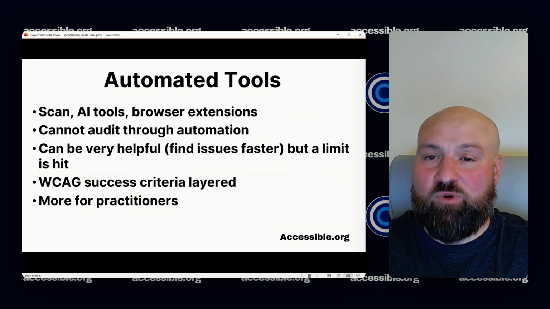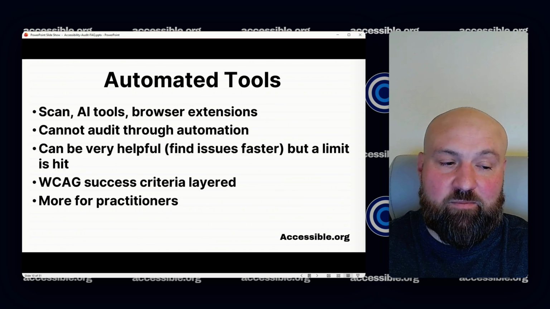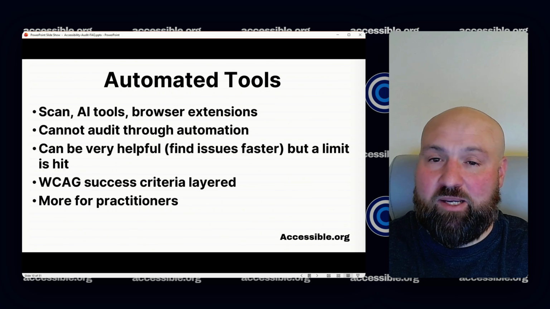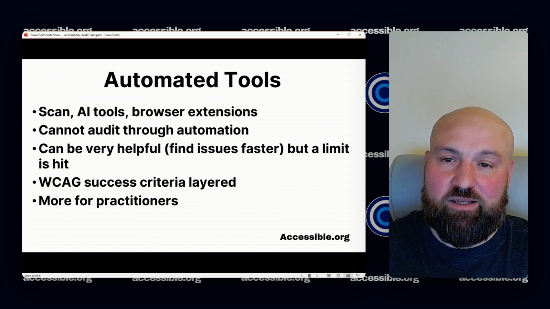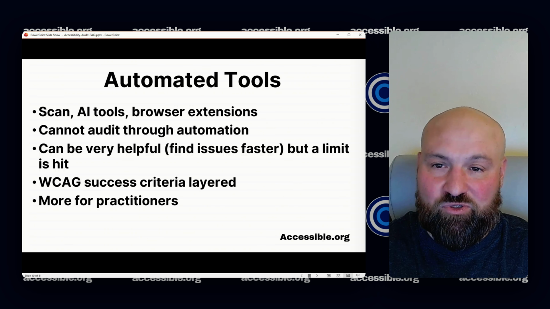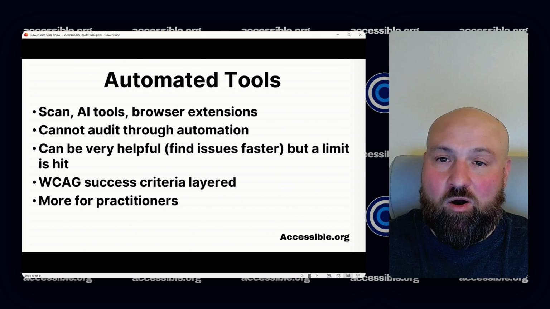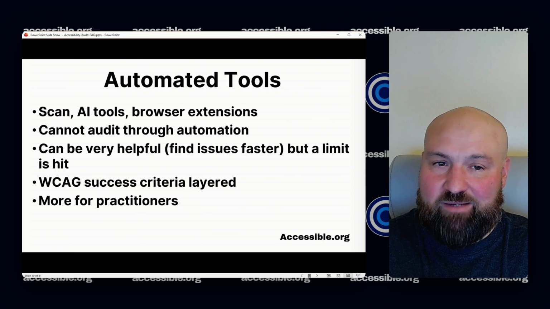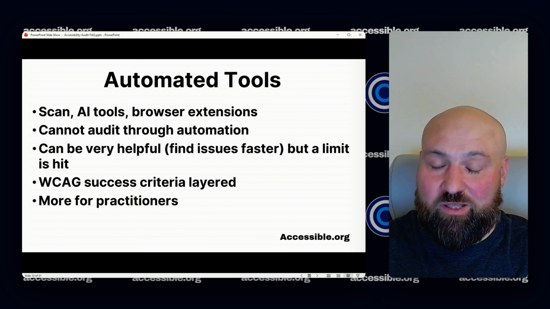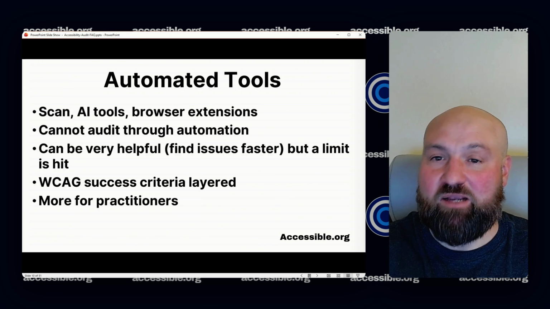What I see all too often is that consumers in this market are buying tools and they don't understand exactly what those tools do and do not do. And because of that, they end up wasting money on tools that distract them from what they're really after, which is full WCAG conformance.